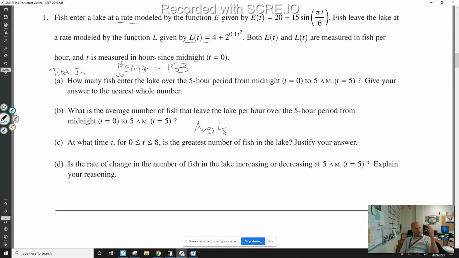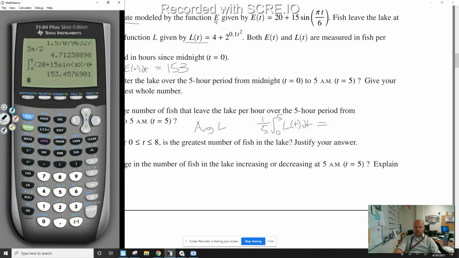We will do our friend, the average formula, 1 over b minus a, integral from a to b, of what we're trying to find the average of. Okay, this comes from the rate of change of, I guess, the total fish that have left. It doesn't matter. That's the formula for average. Let's just stick with that. This is all you have to write. Shows you know what you're doing, and then you get the answer from your calculator.